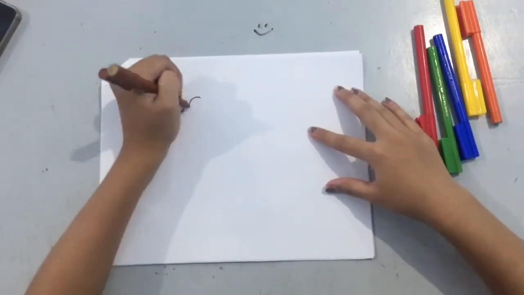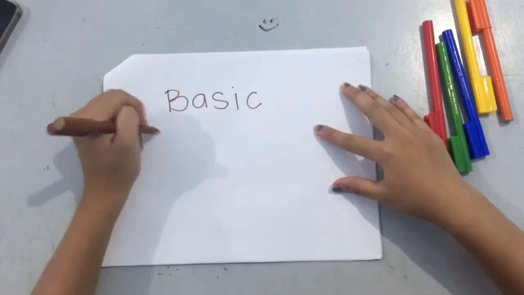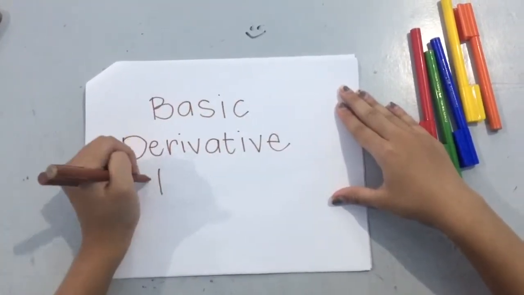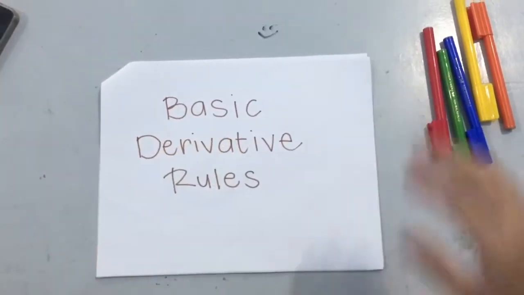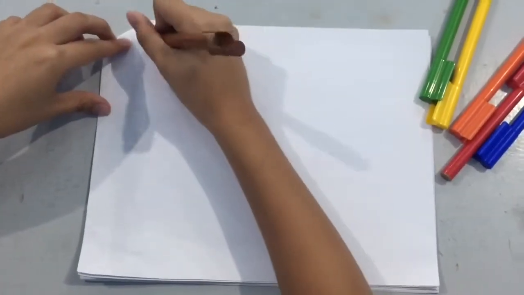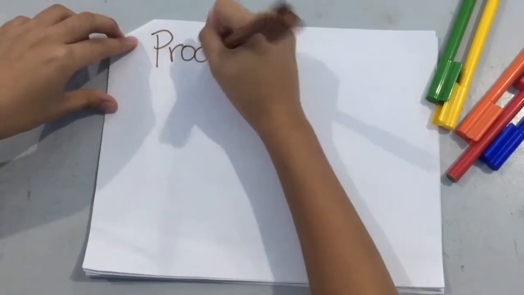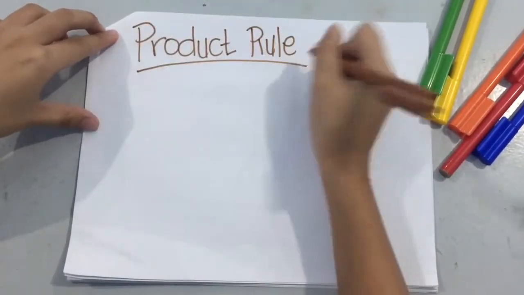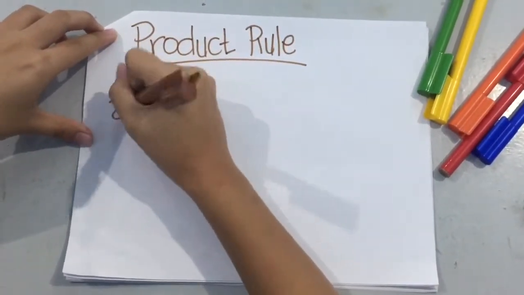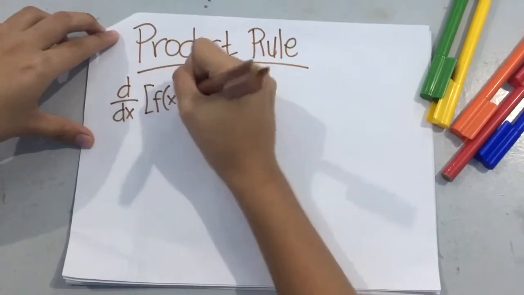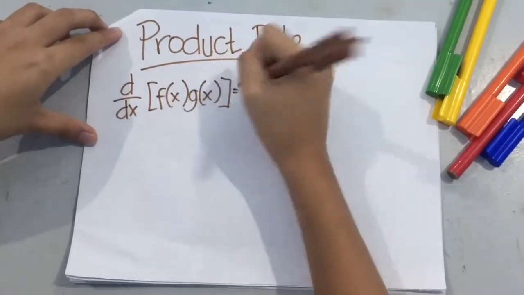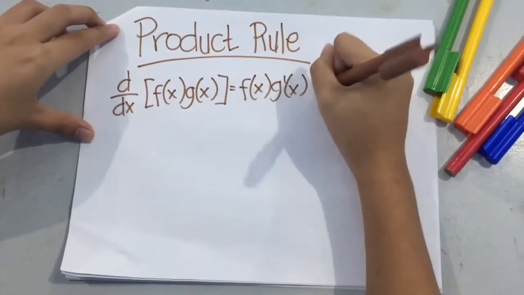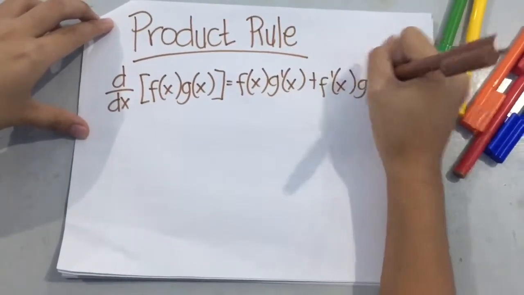So now let's proceed to the basic derivative rules. For the first rule, we have the product rule. The derivative of f of x multiplied by g of x is equal to f of x multiplied by the first derivative of g of x plus the first derivative of f of x multiplied by g of x.